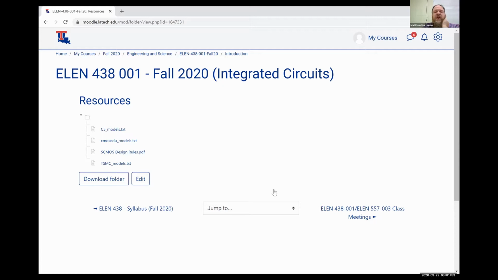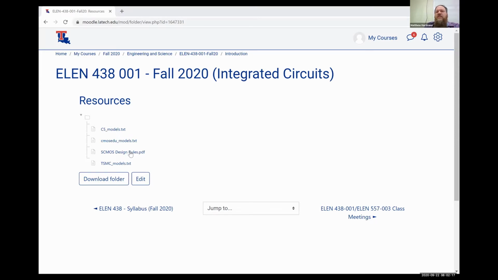Also, a very important document is the Scalable CMOS Design Rules, put out by MOSIS. MOSIS is an academic entity that's associated with the University of California at Berkeley, I believe. They are not a foundry, but they are kind of an intermediary with most of the foundries in the world.